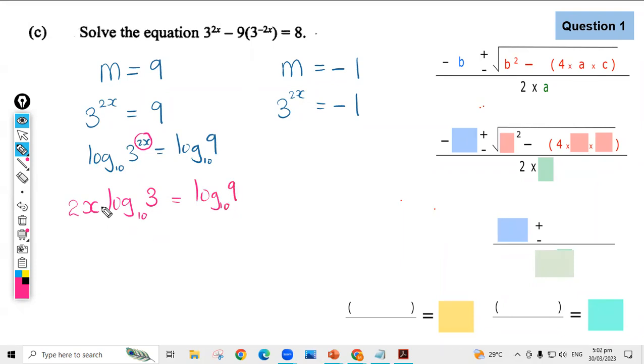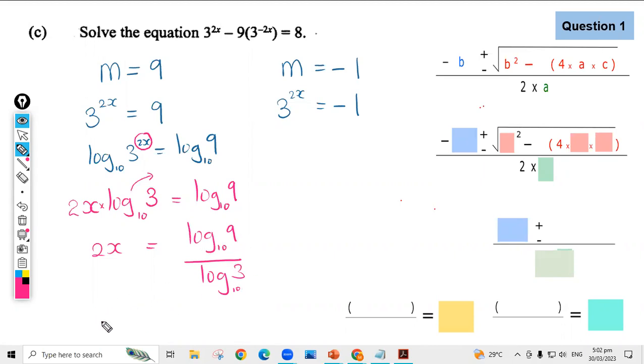All we have to do now is solve for x. You throw across the multiply, so you're going to get 2x is equal to log 9 divided by log 3. Let me type that on my calculator. Log 9 divided by log 3, and I am getting 2.